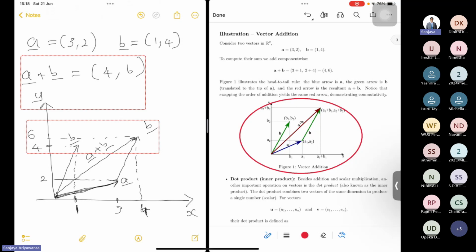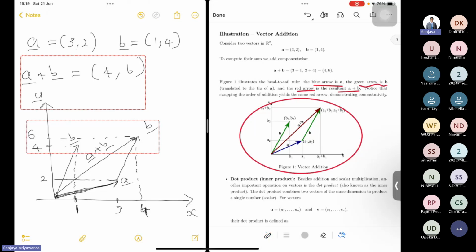What I've written here is, the blue arrow is your a vector, the green arrow is your b vector, and the one in maroon, not red, maroon, is the a plus b vector. We will look at a particular video as well for you to understand this, but bear with me for now.